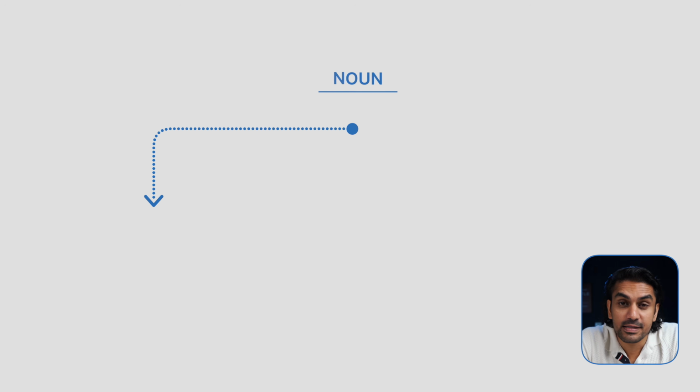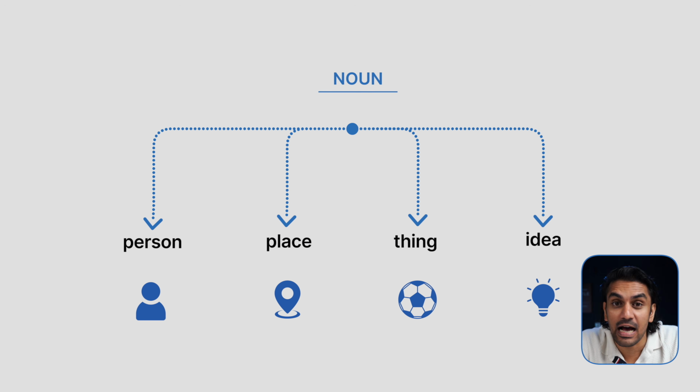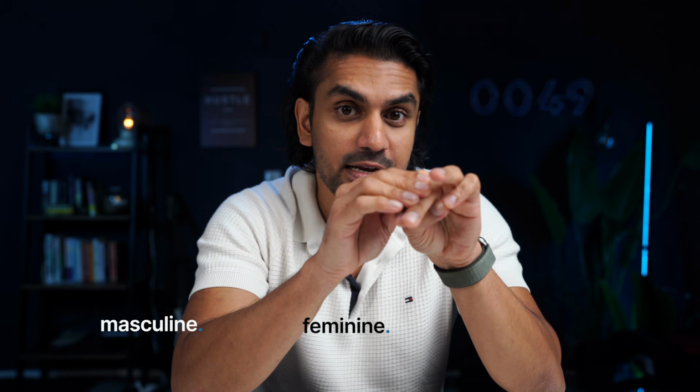In simple terms, a noun is just a word that represents a person, place, thing, or even an idea, like man, woman, city, dog or happiness. In German, it's the same concept, but there is one big twist. Every noun has a gender, and it's not just for people or animals. Even objects like a table or the sun have genders, and there are 3 in total: masculine, feminine, and neuter.